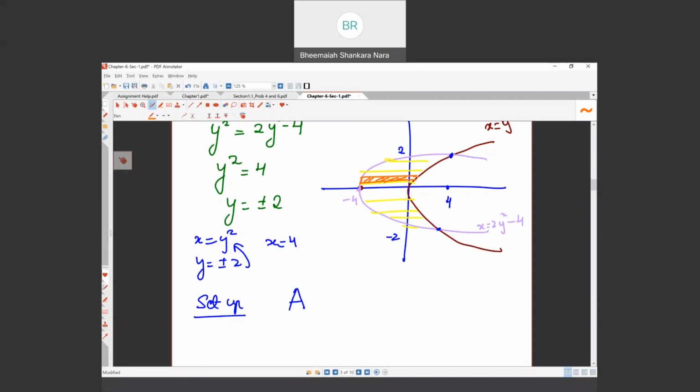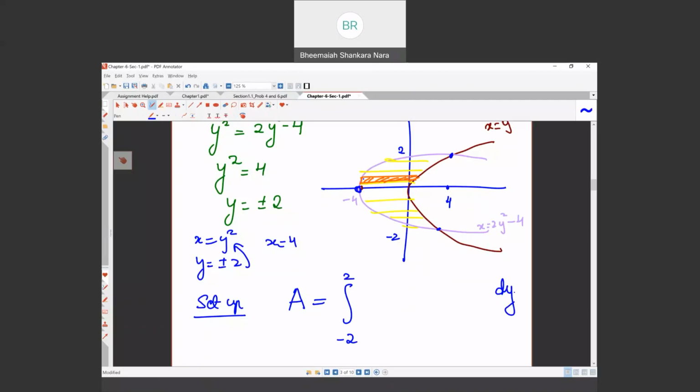So let's do that. You start from the left extreme. The limits will be y equal to -2 to 2, the y limits. And you have dy as the variable of integration.